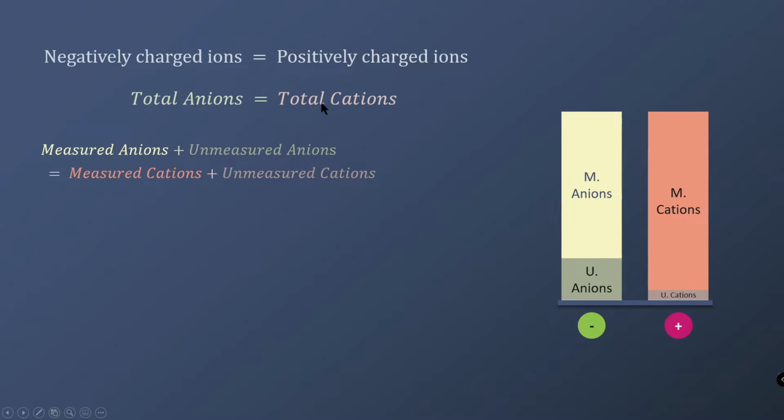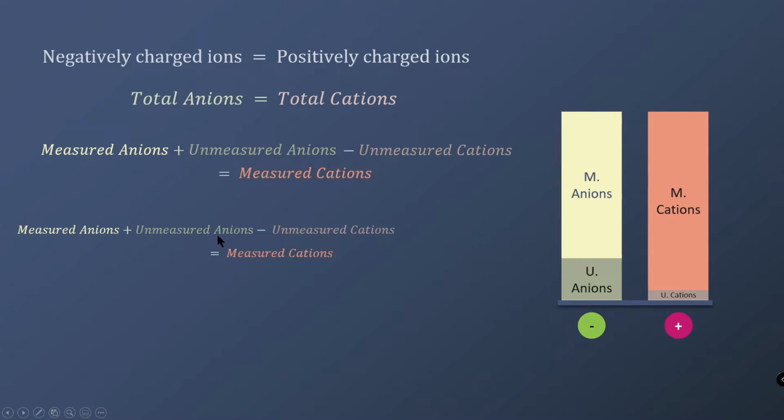Now what we will do is subtract unmeasured anions from both sides of this equation, and unmeasured cations as well, right? Both of these will cancel each other and our equation will become like this. Clear? Next, I have rewritten this equation, and now we will subtract measured anions from both sides of the equation.